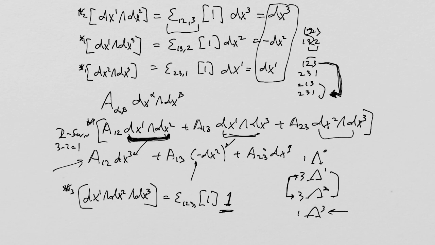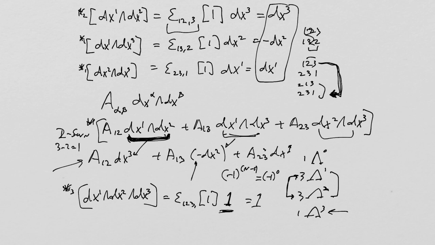And that agrees with our expression that we had before, minus 1 to the n minus s, where in this case it's 3 minus 3, which equals minus 1 to the 0, right? And so sure enough, that works.